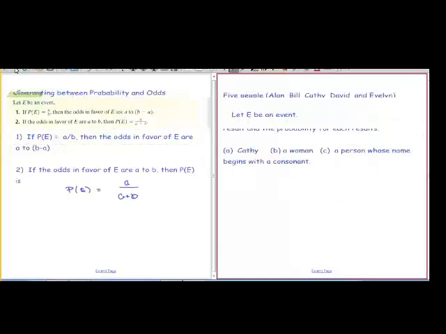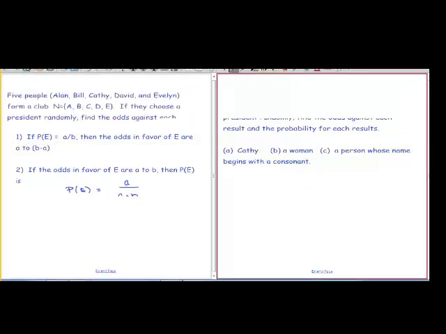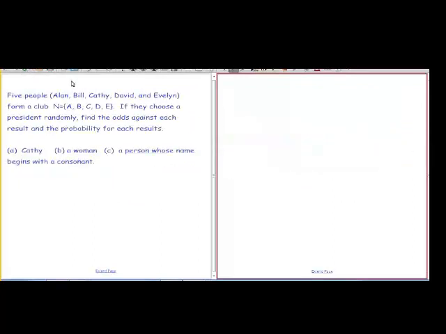Okay. So let's just do a few examples. This is probably a problem in the book. I'm not sure which one it is, but if anybody wants to find it, I'll find it, so you don't have to write the problem up. I think I did bring my book. There it is. This is chapter 11.